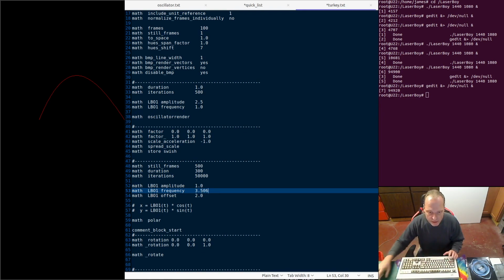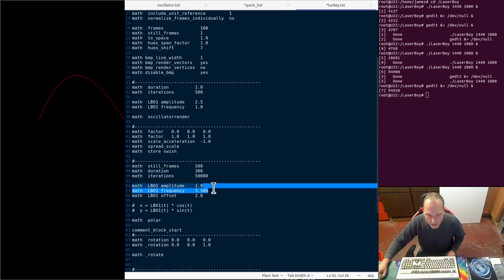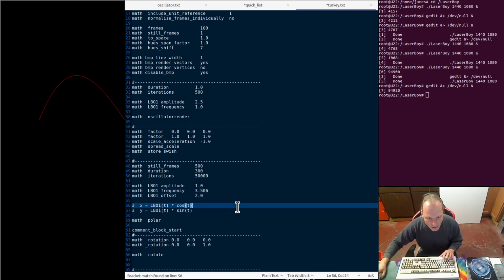So this situation here, what happens is, because we're going around the circle all the way around the circle 300 times, if you drift the frequency a little bit forward, every time you go around the circle, it's off by a little bit, and it keeps layering over itself, and I'll show you what that looks like.